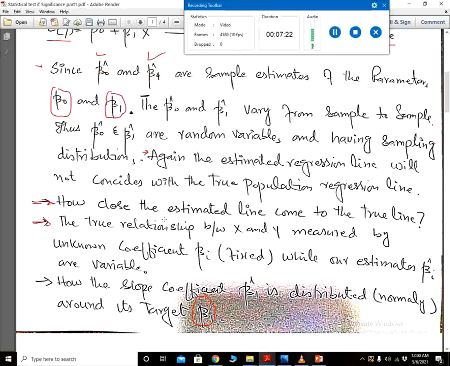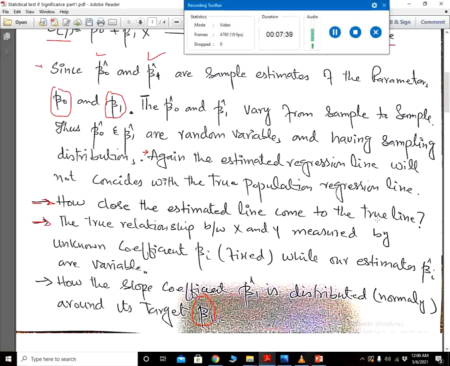Now the question is, how close does the estimated line come to the true line?